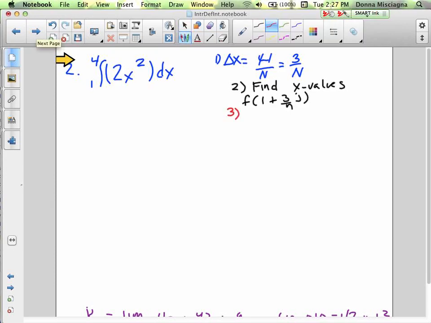All right, we're going to substitute into the function and simplify. Our function is 2x squared, so this is going to be 2 times 1 plus 3j over n, all squared. So we'll square first, and we'll multiply by 2.